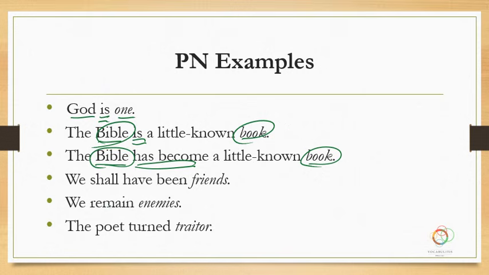We shall have been friends. Okay, that would be, let's see, future perfect in the passive. All right, that would be passive future perfect. That would be a very unusual form of the verb, but we will have been. Yes, perfect. Passive? Maybe not passive. Okay.